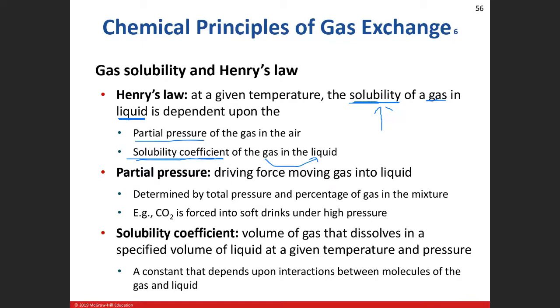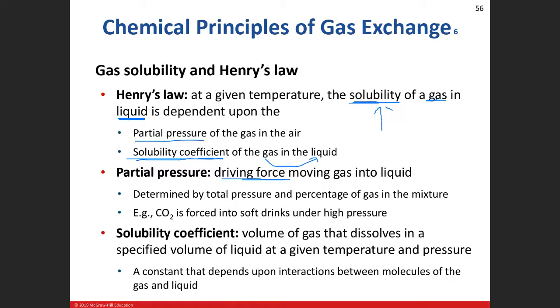Okay? So the big part of when we're trying to get our respiratory oxygen gas into our blood is going to be the partial pressure. That's the main driving force. All right? So we saw on that previous slide, all right, that you have 104 millimeters of mercury in the alveolus, all right, but it's a partial pressure of oxygen.